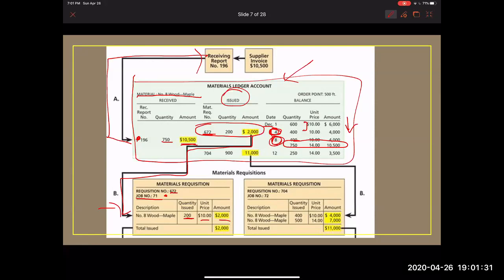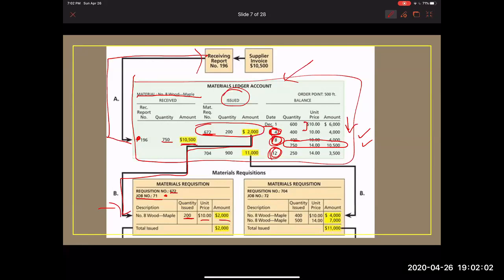All right, last but not least, on December 12th, we have another transaction. And what you see here is we had inventory of 400 pallets of maple wood at $10 each. And then we also had 750 pallets of maple wood at $14 per unit. That's what we had in inventory. Now on December 12th, that's strange.